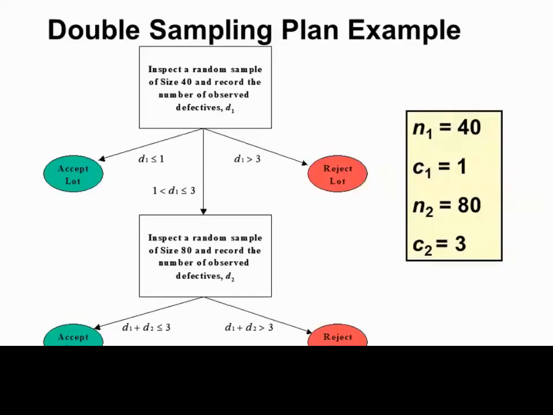And so if we were worse than 3, like if we had 4 in the first sample, again, we're done. We reject right away. If our D1 is 2 or 3, bigger than 1 but less than or equal to 3, then we'd have to take a second sample and then compare the sum of the defects in both to this cutoff of 3 to decide whether to accept or reject.